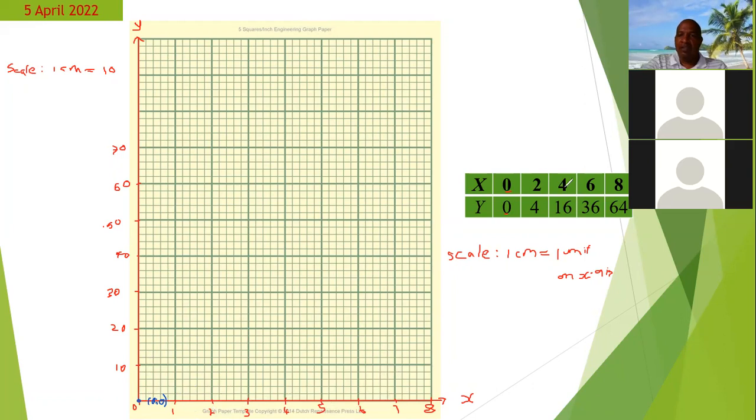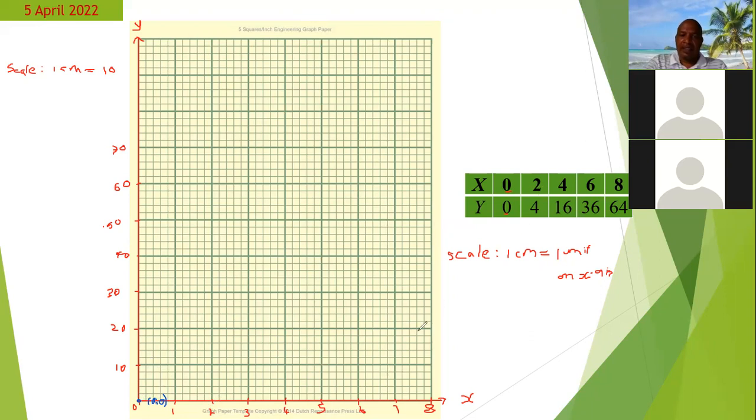If you want y equal 4, how many of these tiny boxes do you have to go up? One tiny box is 2. So you count 2, then the next tiny box you get 4, the next 6, the next 8, and then you arrive at 10. Everybody see that?